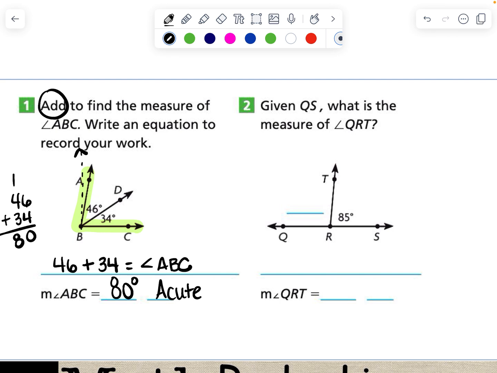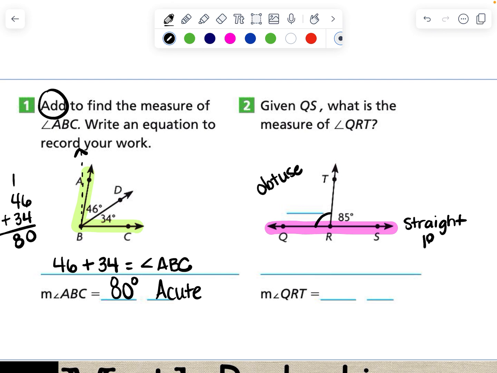If we look at number 2, we must look at the entire angle QRT, remembering that this is a straight angle. I'm looking for the distance between T and Q, which must be an obtuse angle.